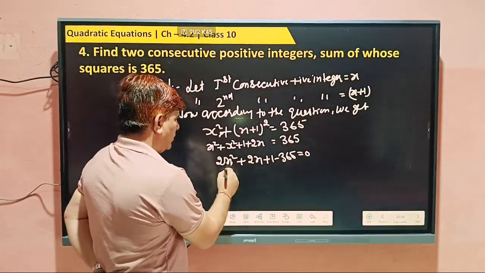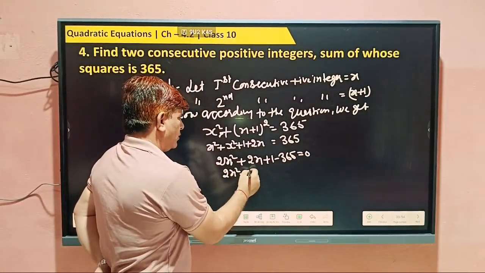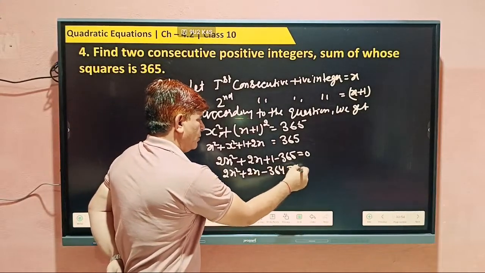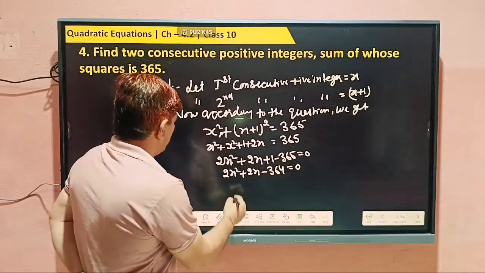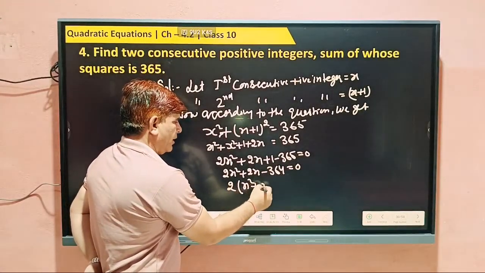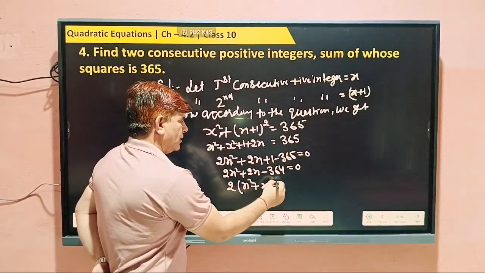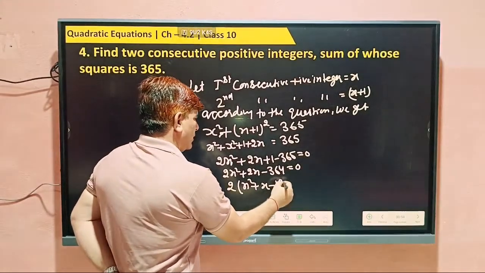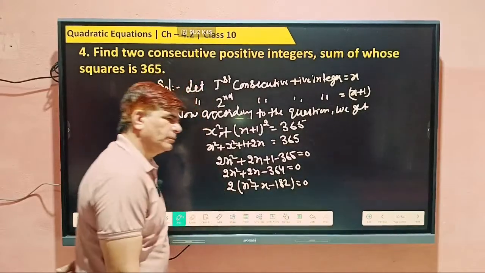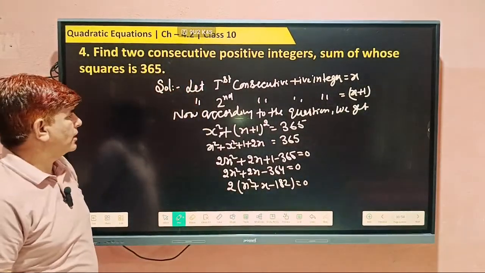So we can write 2x square plus 2x minus 364 equal to 0. Taking 2 common, x square plus x minus 182 is equal to 0. The 2 transferred to that side becomes 0.